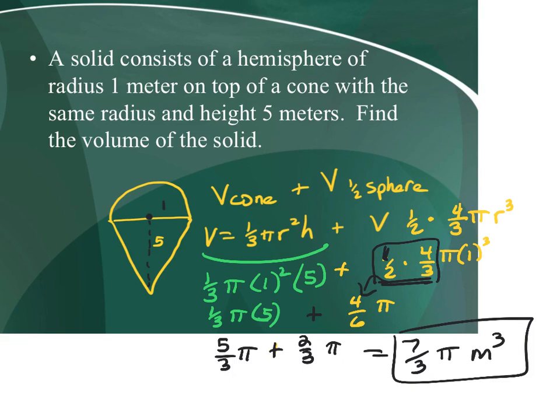Miss Corey, how did you get 2/3 when you added 5/3 pi plus 2/3 pi? Because I reduced 4/6 to 2/3. Oh, okay. So I reduced 4/6 and made it 2/3 because I needed to find a common denominator. And if I reduced it, then it had the same denominator. It had a denominator of 3. Everybody good on that?